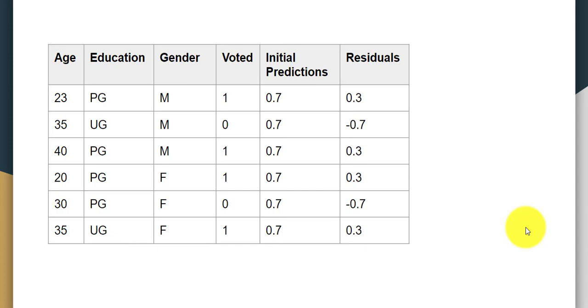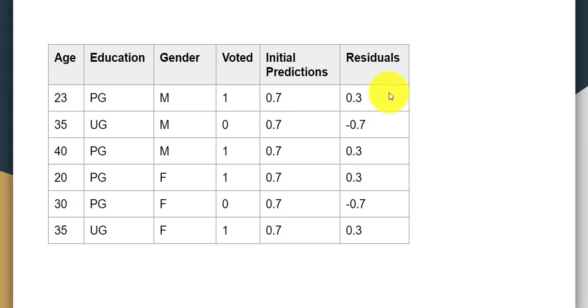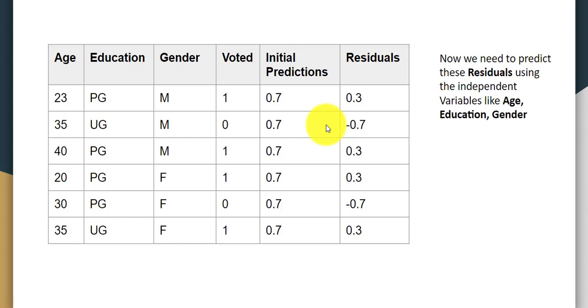Now I can calculate the residuals in the same fashion as we did for regression. Assuming this is the actual probability 1, and these are my initial predictions, my residual becomes 0.3 for plus 1 cases. For 0 cases, it will be 0 minus 0.7, which is nothing but minus 0.7.